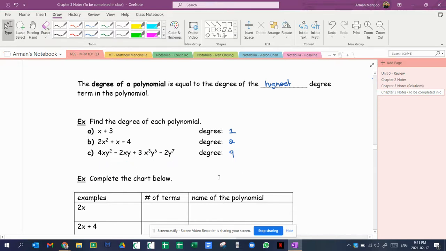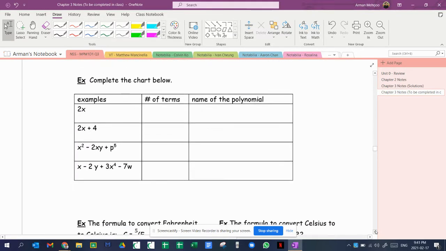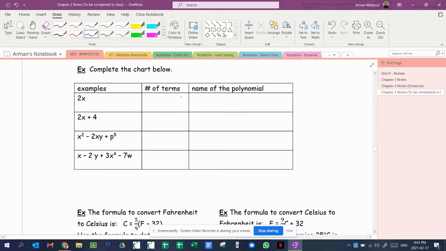Let's keep going. So complete the chart below. They want to know how many terms there are for each of these and the name of the polynomial. So this first one has, it looks like one term. And anything with one term is called a monomial. This has 2 terms.